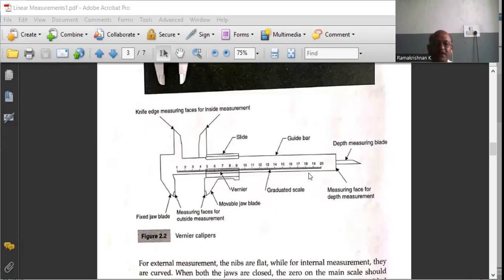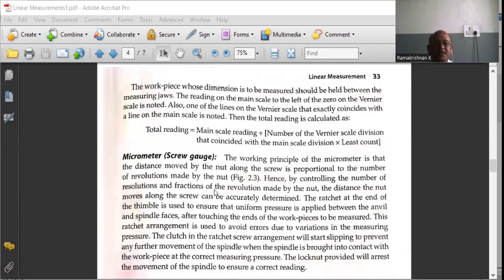Now, how can we read the measurement? For example, an object is clamped gently between the measuring jaws. The total reading is the main scale reading, that is, how many divisions are completed on the main scale, plus the number of Vernier scale divisions that coincide with a main scale division, multiplied by the least count.